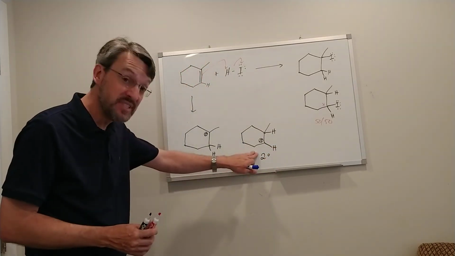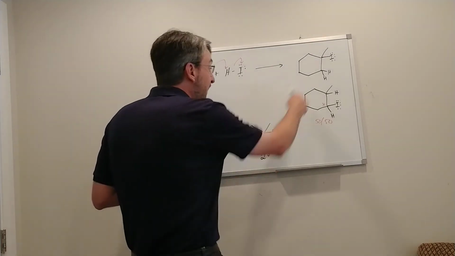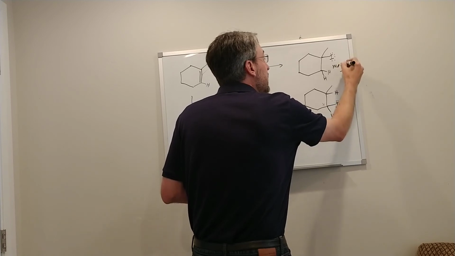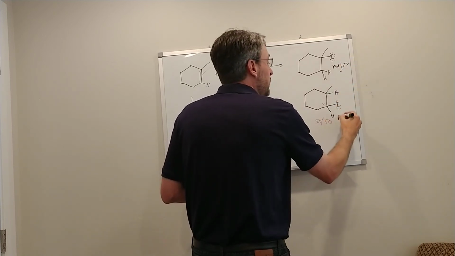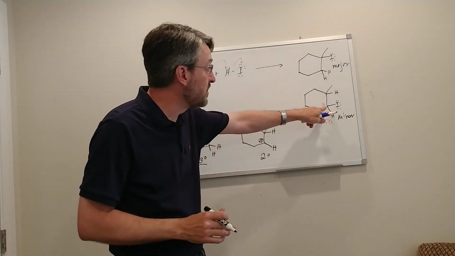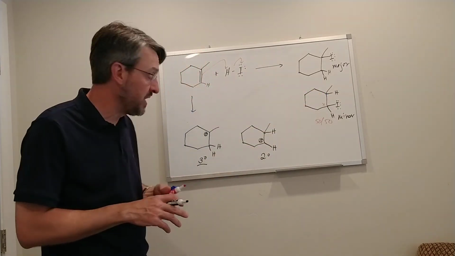Now this one is less stable, it's not as good as that one with respect to our reaction, but that then tells us that, in fact, we were correct, that this should be the major product, the one that follows Markovnikov's rule. And this is going to be the minor. And again, 50-50 racemic for this chirality center that we generated, and things get a little more complicated because of that.